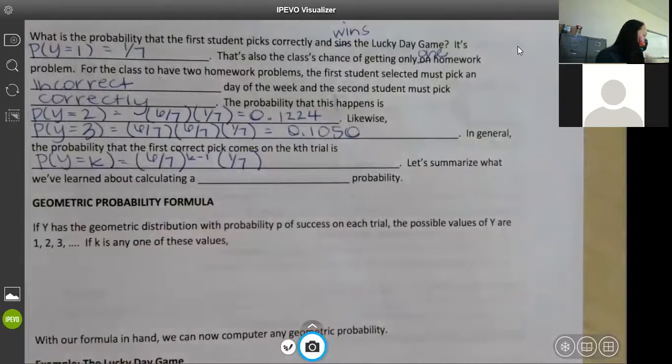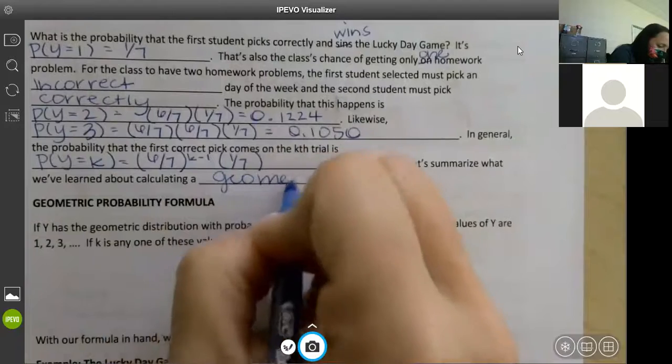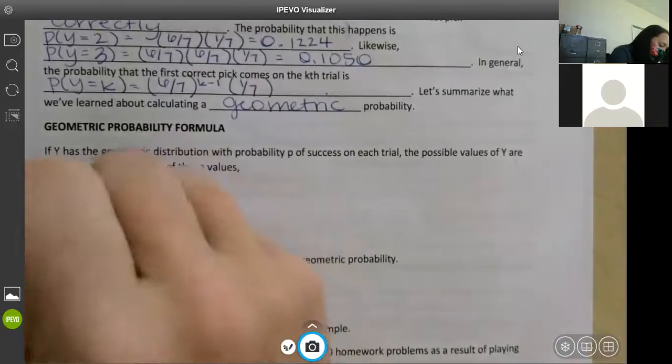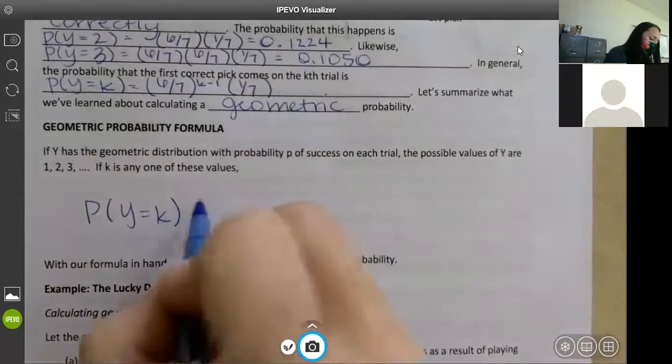Let's summarize what we've learned about calculating a geometric probability. If y has a geometric distribution with probability p of success on each trial, the possible values of y are 1, 2, 3, and so on. If k is any one of those values, here's your formula again for y equals k.